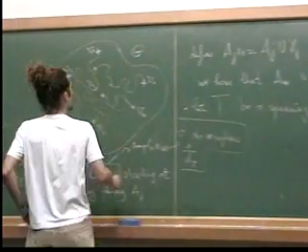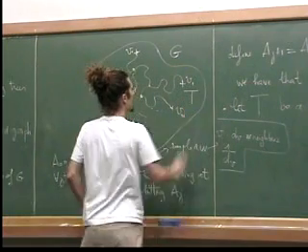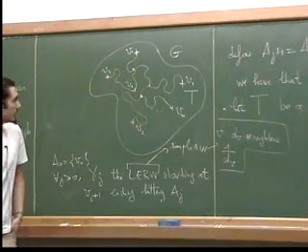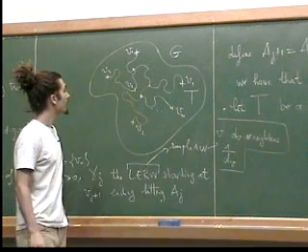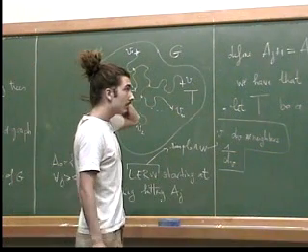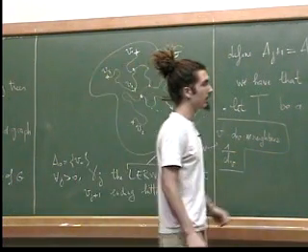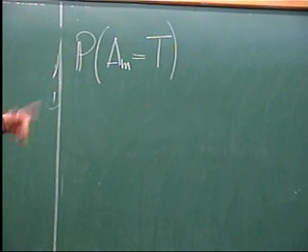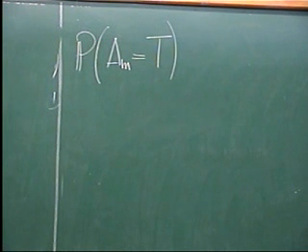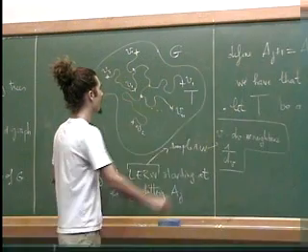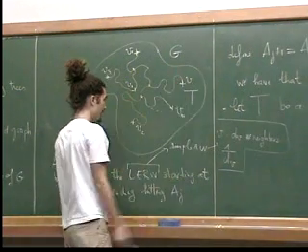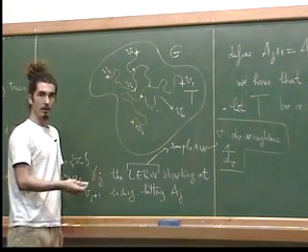So here we have a tree T, and we want to evaluate the probability that we get this one. In order to do this, we are going to reuse the function f and use the symmetry of f to obtain this result. This will be the key point of the demonstration. So let's try to understand how to evaluate this probability. We started in V1, and we made a random walk up to V0.